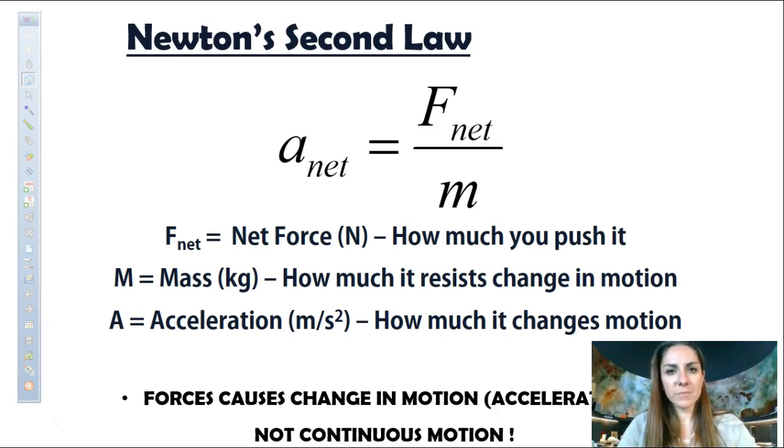And this is my favorite version of Newton's second law because it phrases it as follows: an object will accelerate based on how much you push it, which is a proportional relationship to the force, and how much mass it has, which is an inverse relationship. So in other words, proportion means if I double the force here, the acceleration will also be doubled.